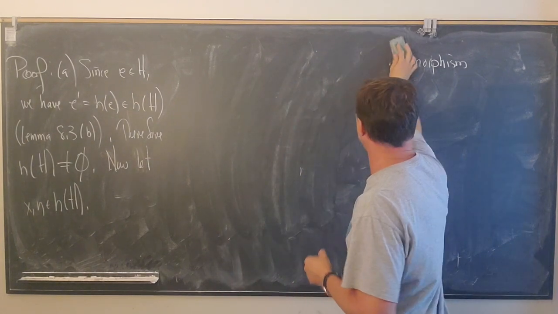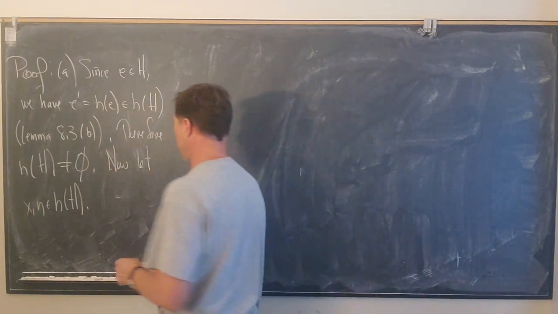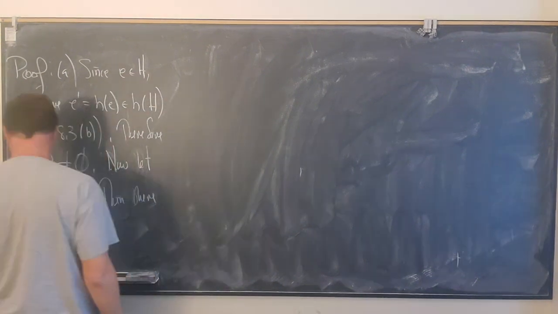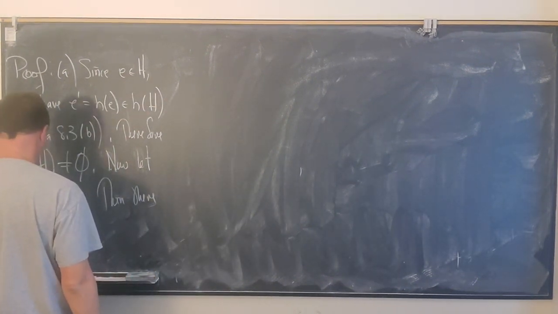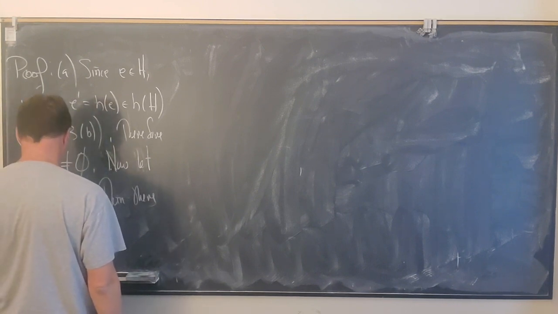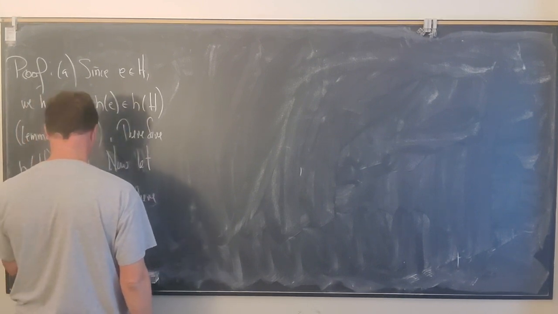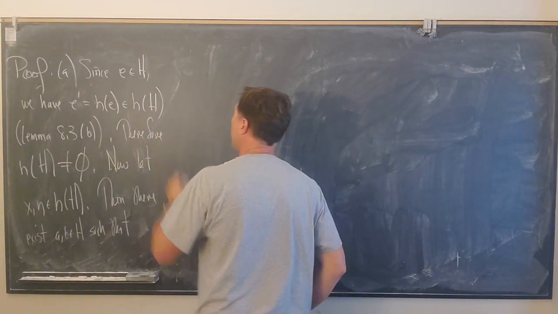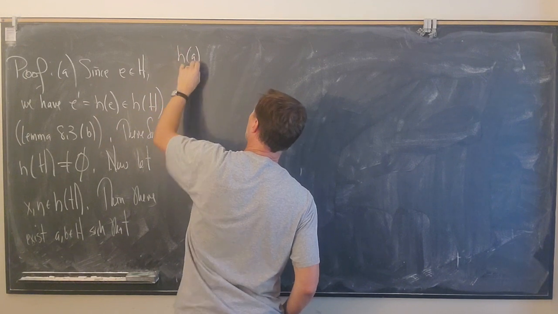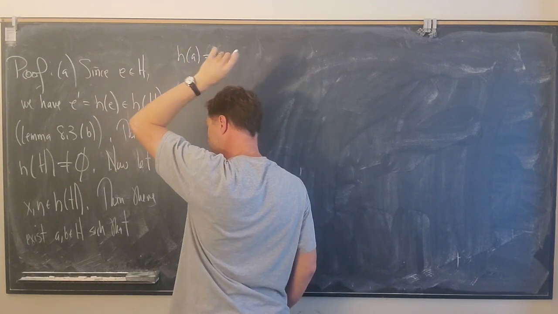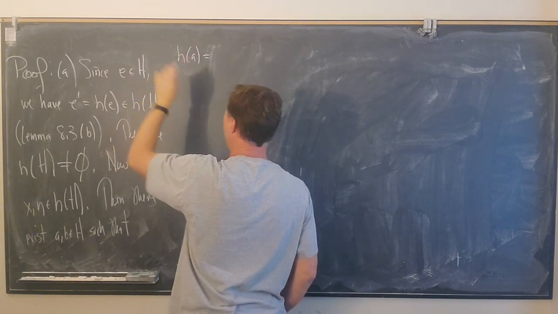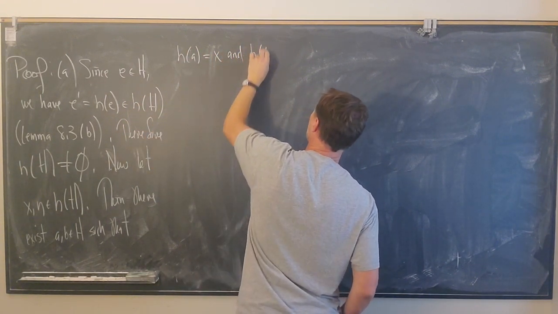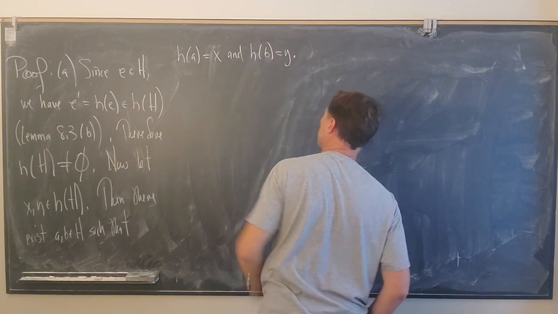So if they live in h of H, then there exists an a and a b in capital H such that h of a is equal to x, and h of b is equal to y.